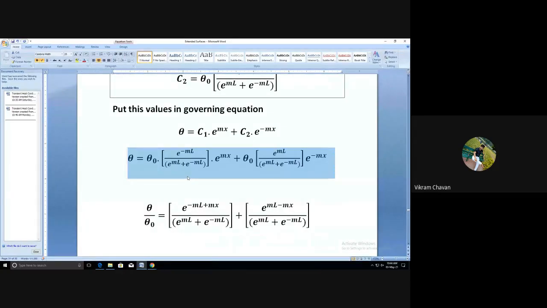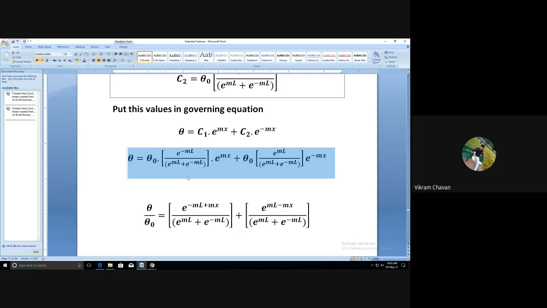So we'll get theta is equal to theta naught multiplied by inside the bracket e raised to minus ml divided by e raised to ml plus e raised to minus ml, square bracket complete, multiplied by e raised to mx, plus theta naught multiplied by inside the bracket e raised to ml divided by e raised to ml plus e raised to minus ml, square bracket complete, multiplied by e raised to minus mx.